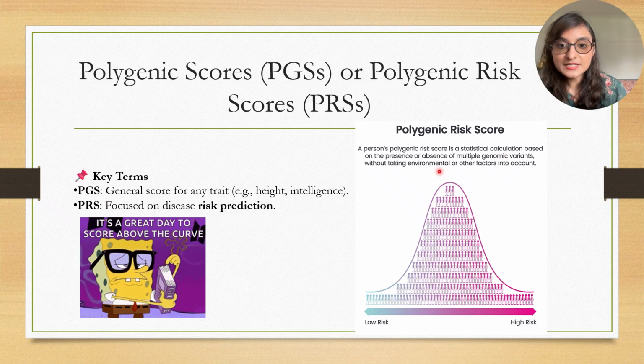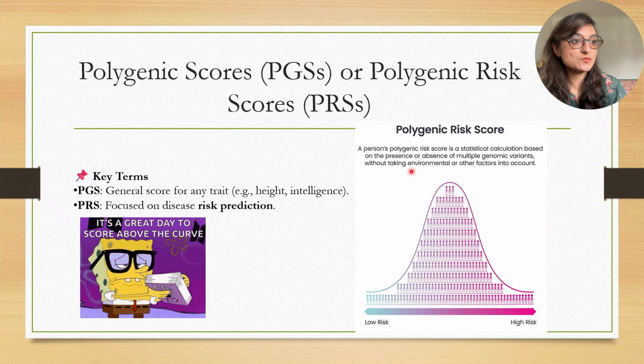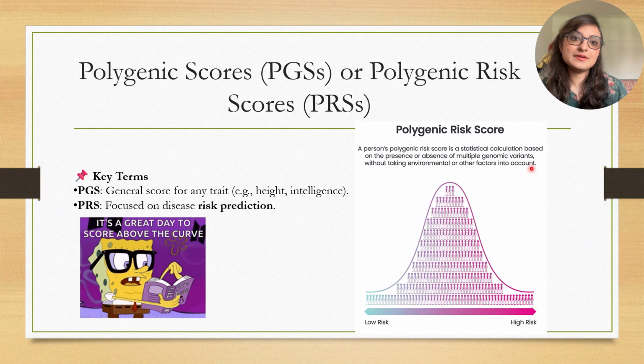A person's polygenic risk score is a statistical calculation based on the presence or absence of multiple genomic variants, without taking environmental or other factors into account. It's a single number that summarizes an individual's genetic predisposition to a trait or disease, computed as the weighted sum of risk alleles across many genetic variants like SNPs.